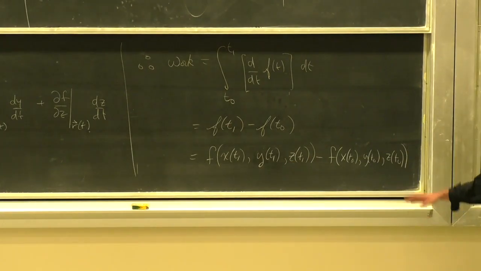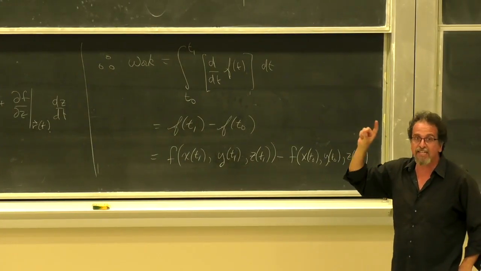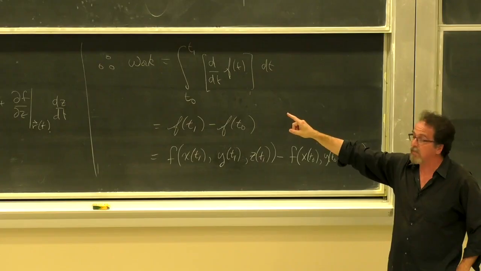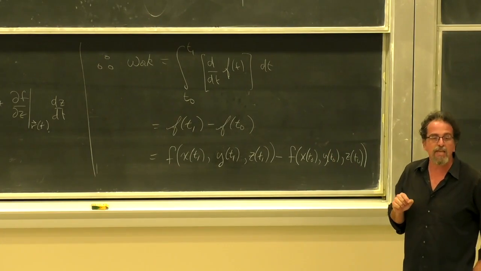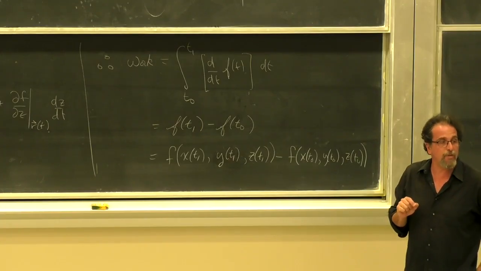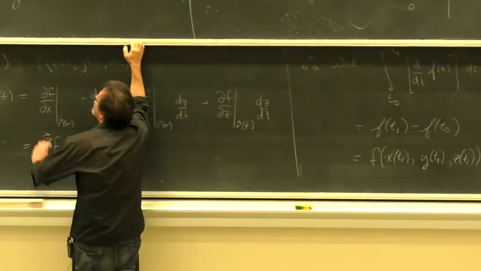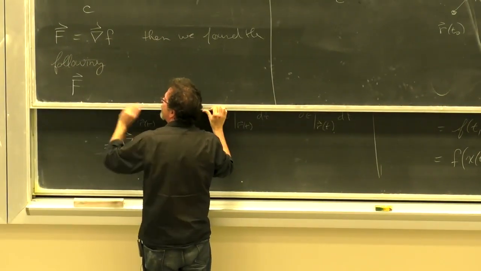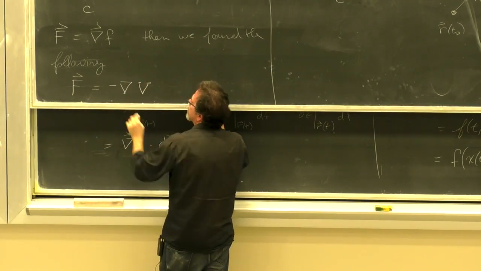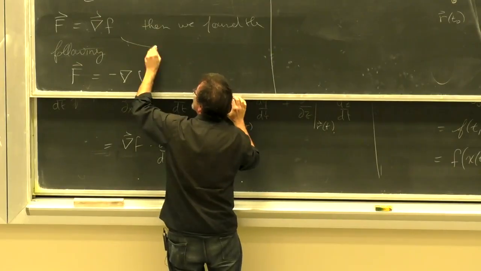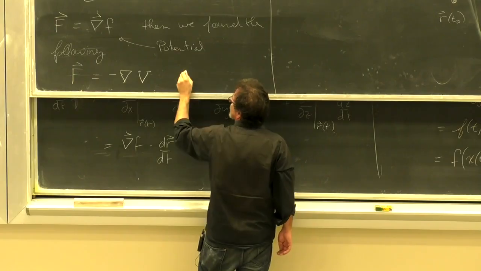And I want to just give you two pieces of notation. As written up there, if capital F is a vector field, and if you can write it as the gradient of a little f, that little f is called the potential. In physics, we define the potential energy. If F is a force, then we write F equals negative gradient of V. And this is called the potential energy.